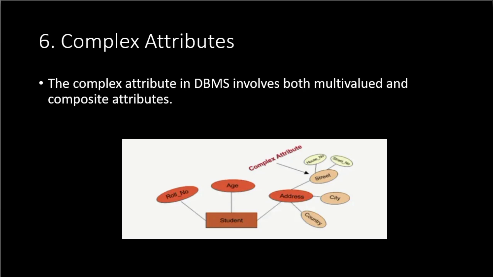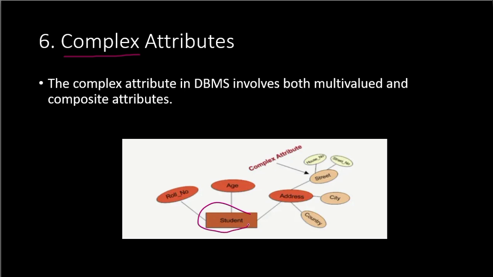After that, these complex attributes are often used in database design, and mainly in relationships. To develop a relationship between entities, and I have already told you that entities are like objects, we can use these complex attributes. In this example, a student is an entity.